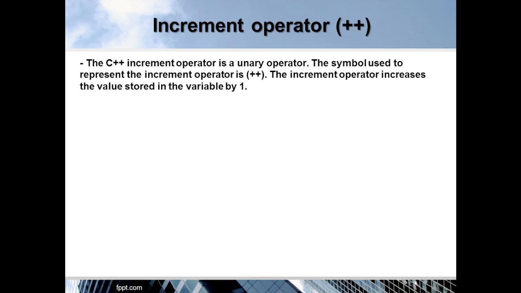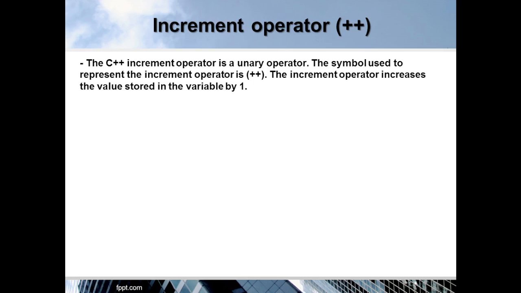Okay. صح. We go now to the increment operator. In C++, we have an increment operator, which is a unary operator. When we say that we have a unary operator, it means an operator applied on one operand. يعني عملية تطبق على عدد واحد أو variable واحدة أو متغير واحد.